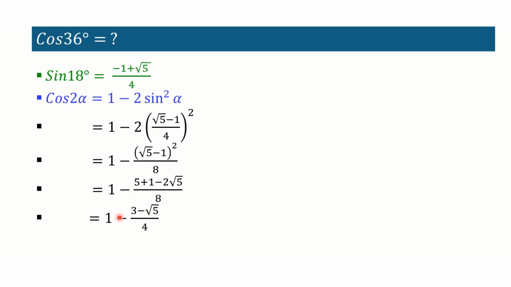So this is 1 minus, and 5 plus 1 is 6, and this is 2 root 5, so I can cancel 2. If I divide 6 by 2, this will be 3, and this will be root 5, and 4 here, because 8 divided by 2 is 4. Now if I take the LCM 4, this is 4 minus 3, plus root 5, so 4 minus 3 is 1, so 1 plus root 5 by 4. So this is the value of cos 36 degree, which is equal to root 5 plus 1 divided by 4.